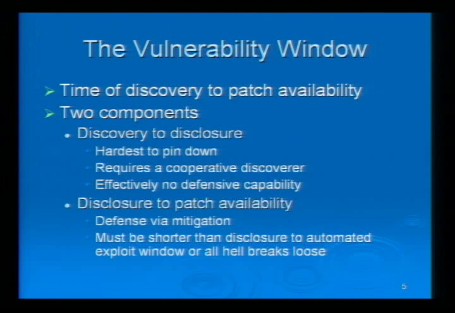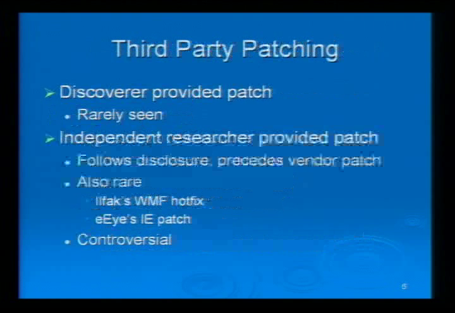But there may be other techniques, and that's sort of what I'm going to talk about. And the idea here is that we want this window to be shorter than the time it takes to automate that vulnerability and turn it into, say, a worm, okay, because of course then all hell breaks loose, and that's where the monoculture comes into play. But if we can keep that short, then maybe we can survive through there.